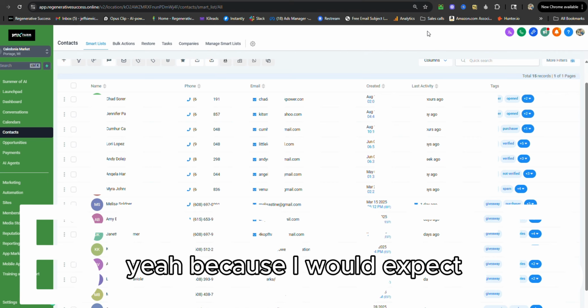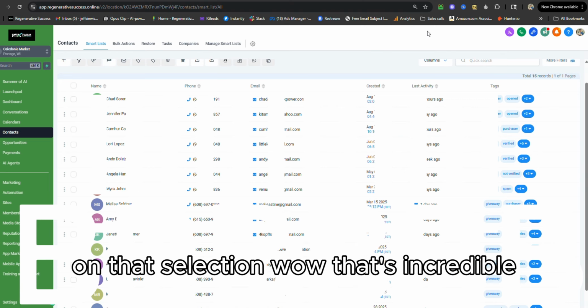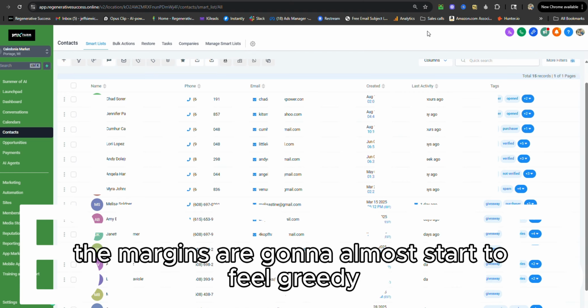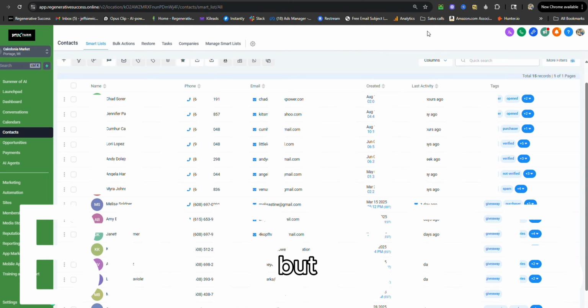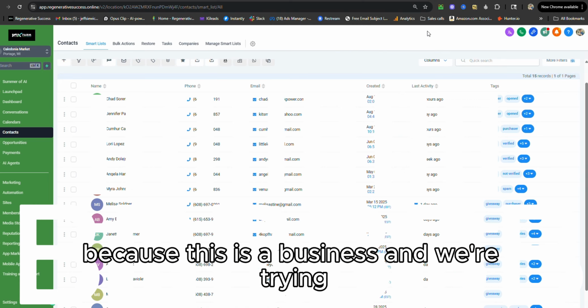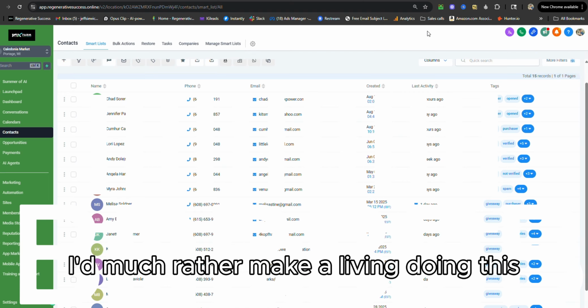Because I bet we're sitting close to 80% margins on that selection. Wow, that's incredible. The margins are going to almost start to feel greedy. Yeah. But we can't think of it that way, because this is a business, and if we can make a living off of it, I'd much rather make a living doing this than engineering.